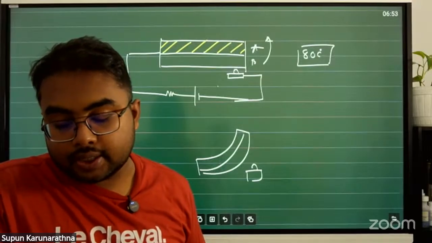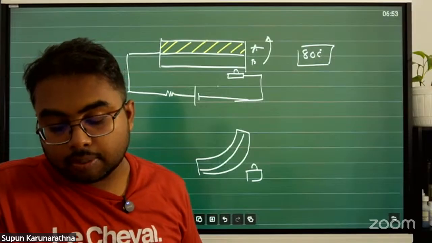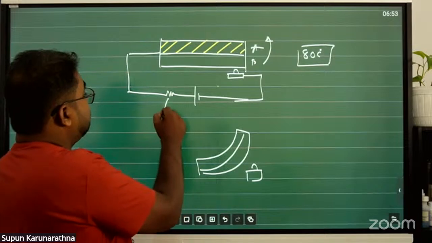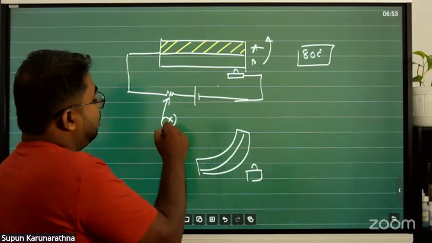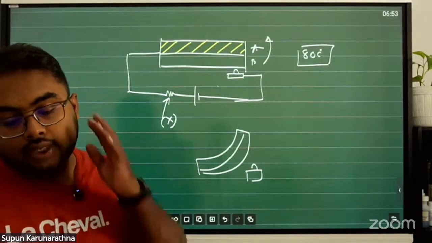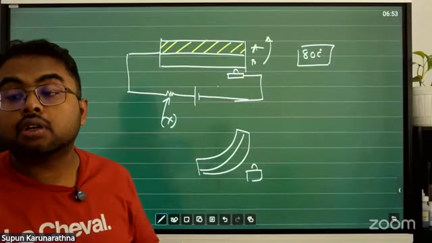The part X is made of aluminium. Part X means the resistor, not the switch. All the responses are incorrect.